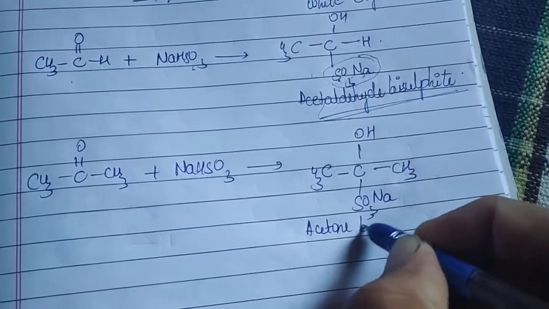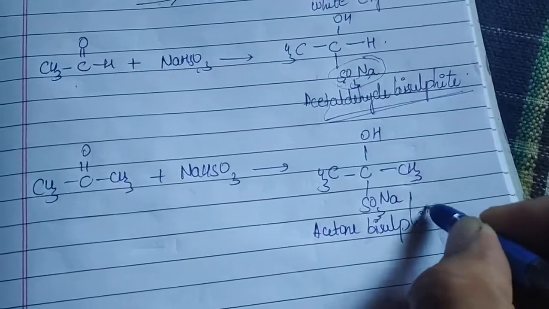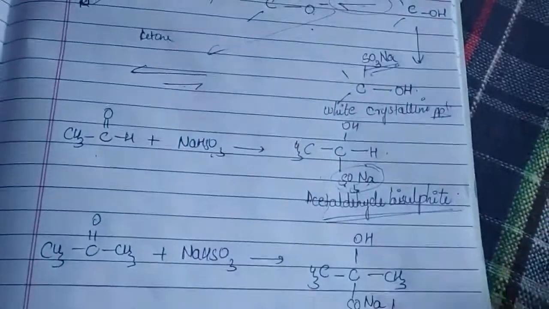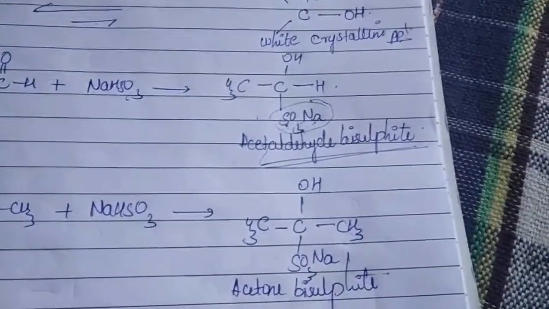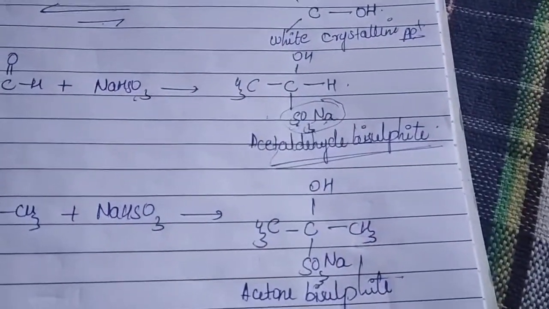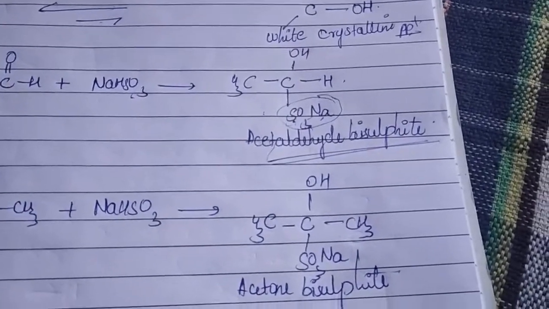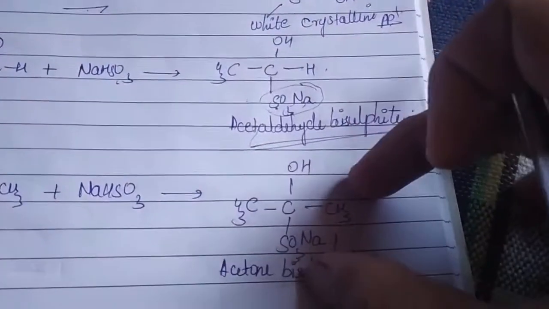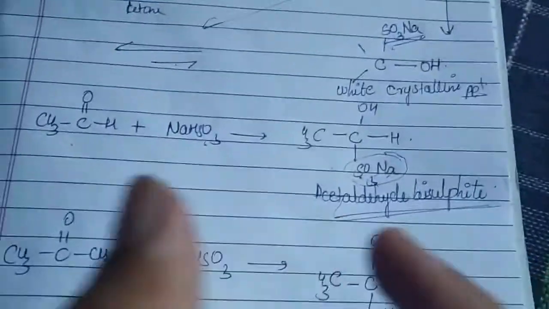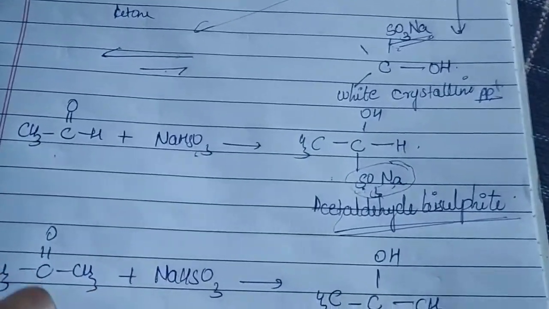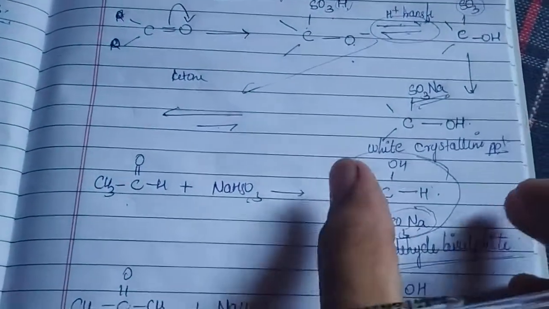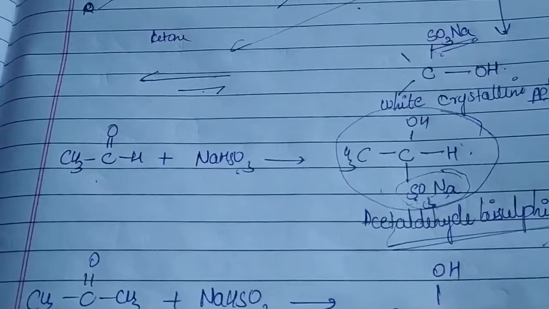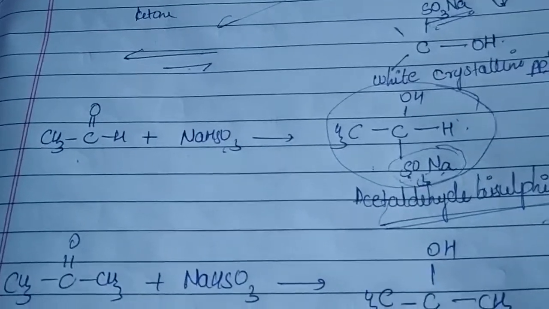So this is called acetone bisulfite. Remember, this is one of the most important reactions, because it is useful in the purification and separation of aldehydes. What is the main reason? The bisulfite addition compound you have got can be converted back to the respective aldehydes. Okay, this is the ketone. This addition product can be easily converted to aldehyde by treating with dilute mineral acids, for example dilute H2SO4 or dilute HCl.